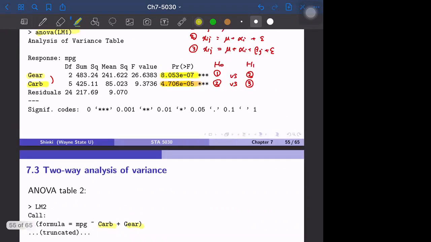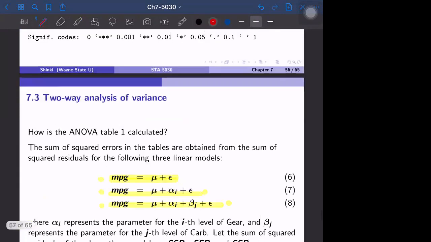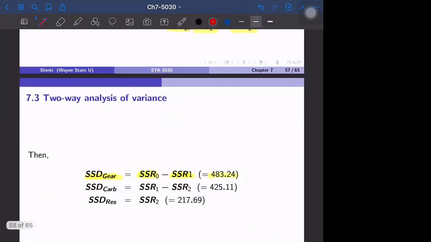So this one, 483. And in the same way, the next line is obtained by SSR1 minus SSR2. Model 2 is larger, so the sum of squared residuals is smaller. So this again becomes positive.